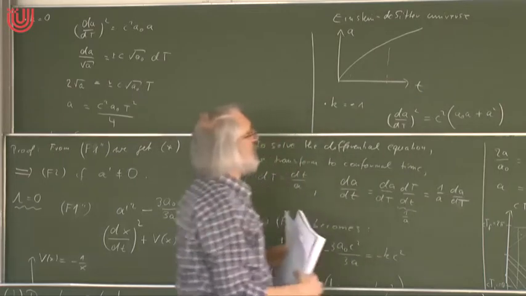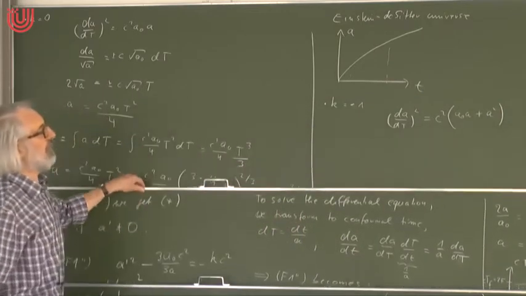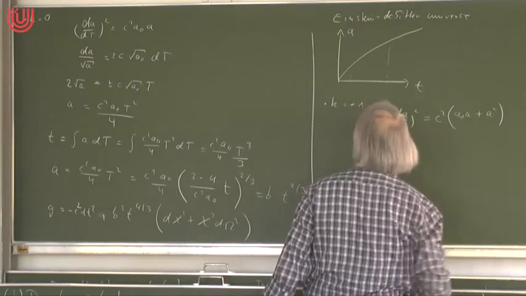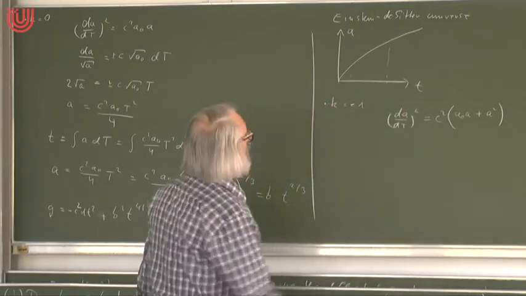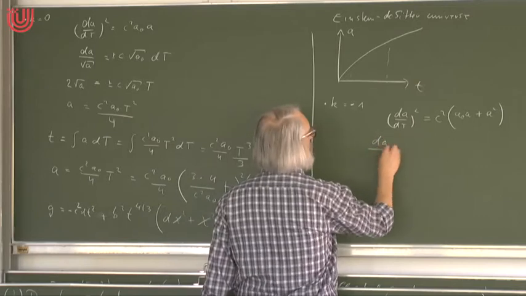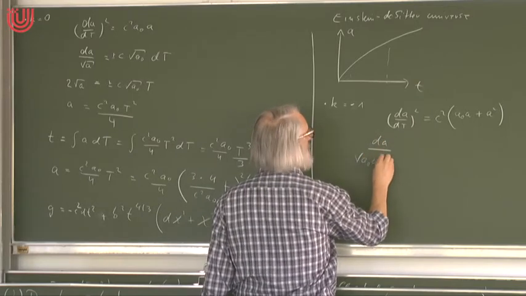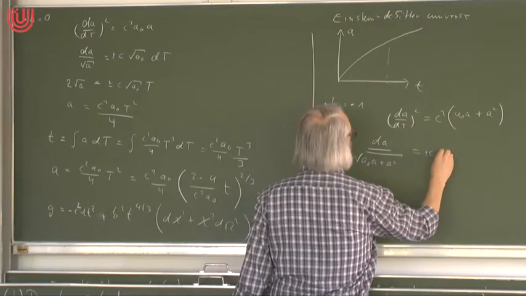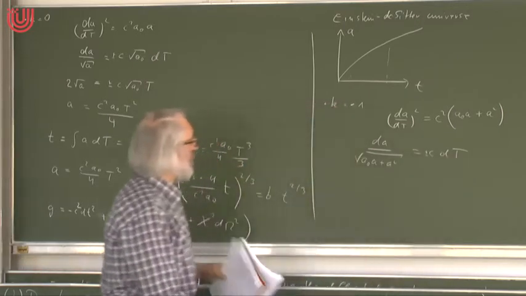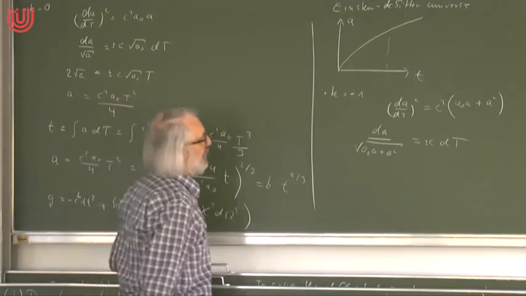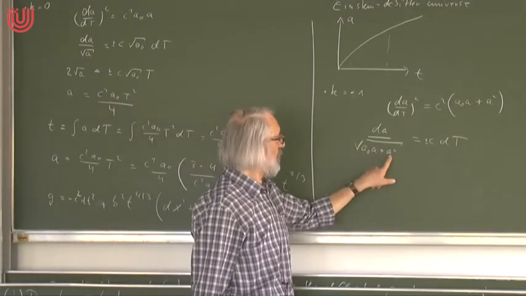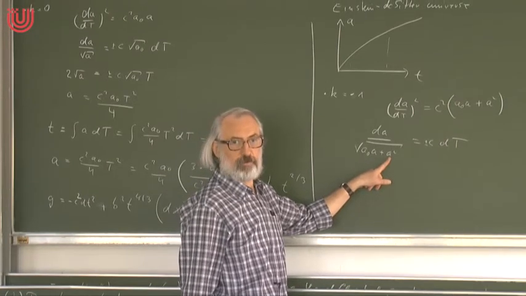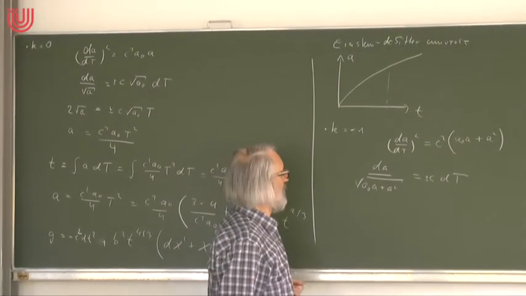Yeah, there was minus k times a squared, and the -1 times minus now becomes a plus. So the differential equation is dA over root of (a naught a plus a squared) is plus or minus c dt. So it's the same type of integral we had for the case k +1, but now with a positive sign in front of the leading order term. And this makes a difference between sine and hyperbolic sine if you solve the equation.